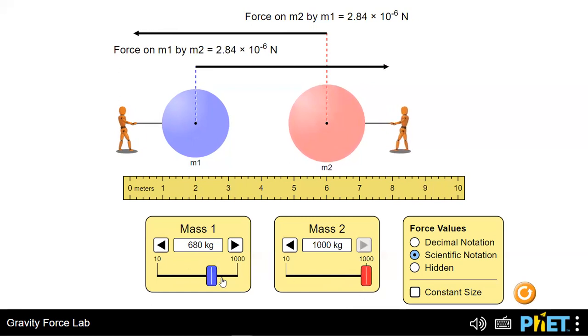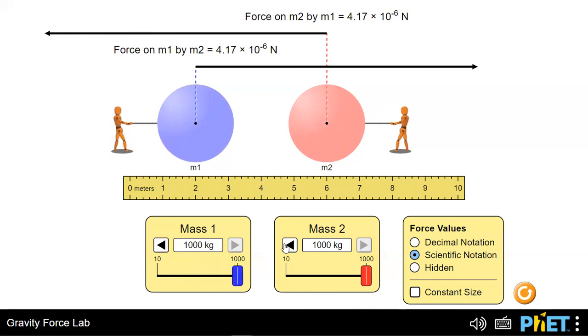If both have the same mass at a similar separation distance, this will be the amount of force being exerted by each on each other.